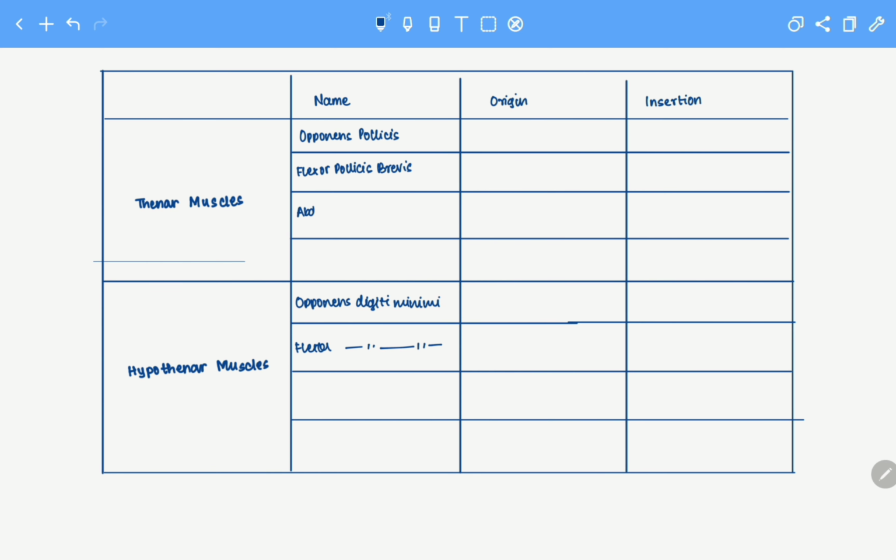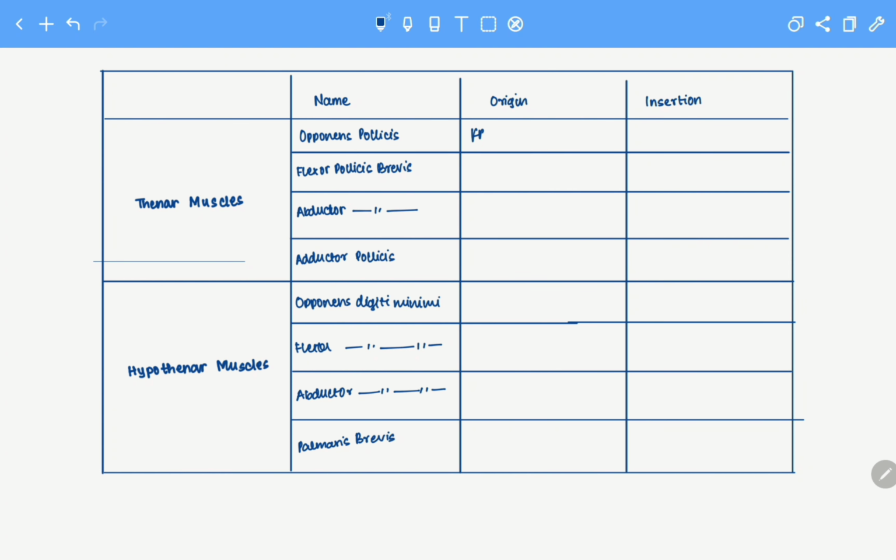the abductor pollicis brevis, abductor digiti minimi. Finally, we have the adductor pollicis and the palmaris brevis.